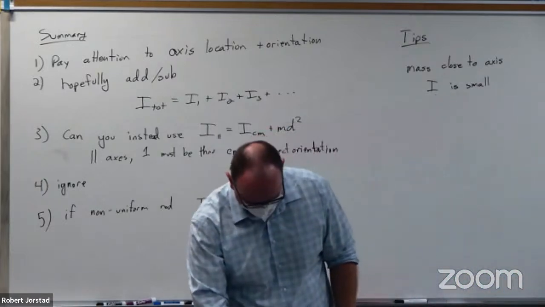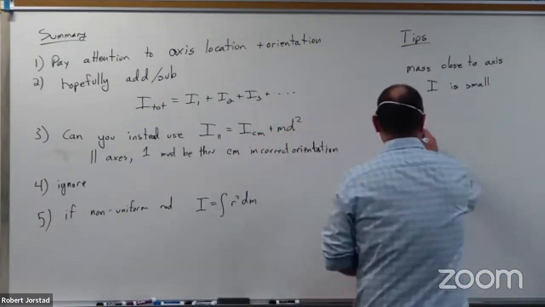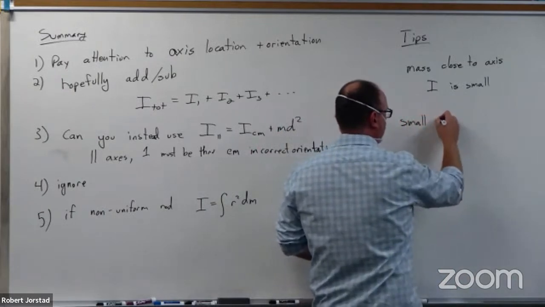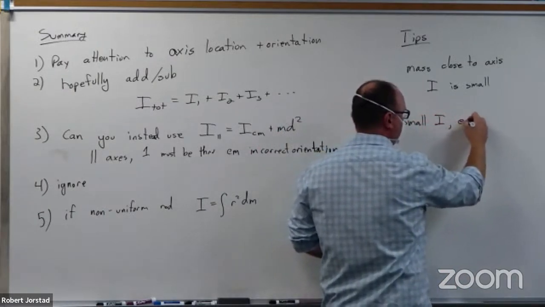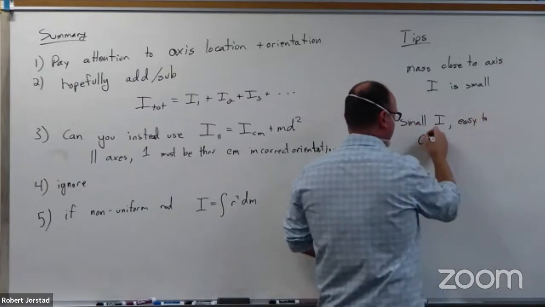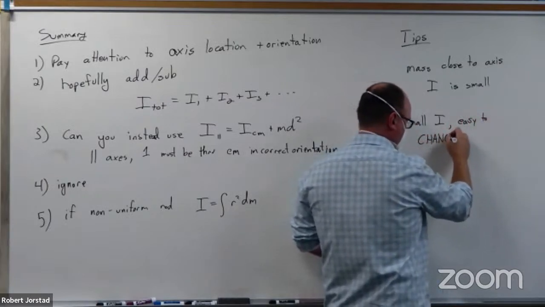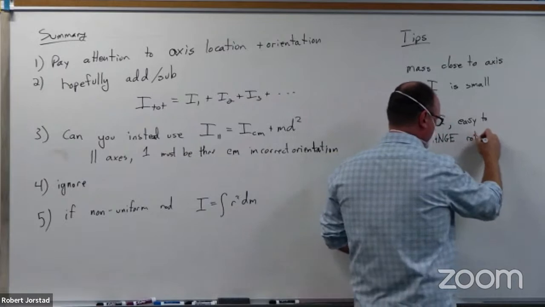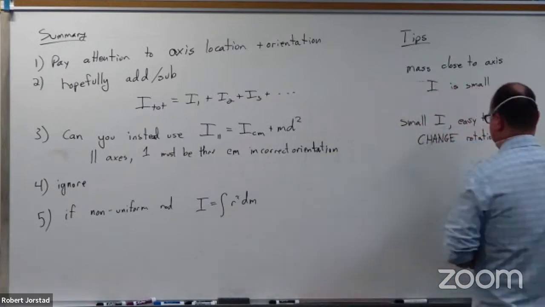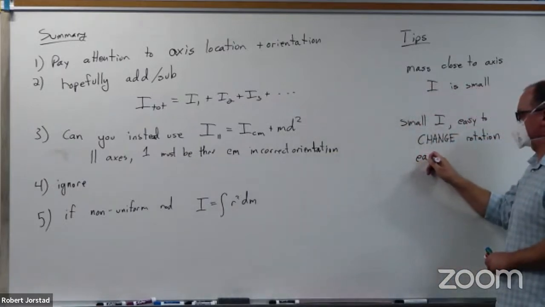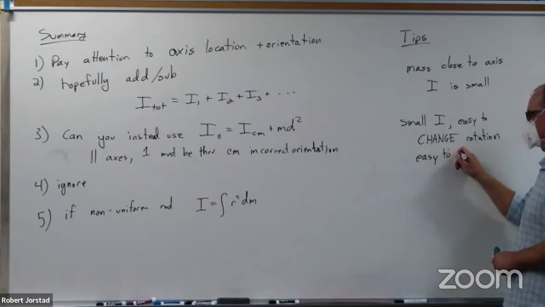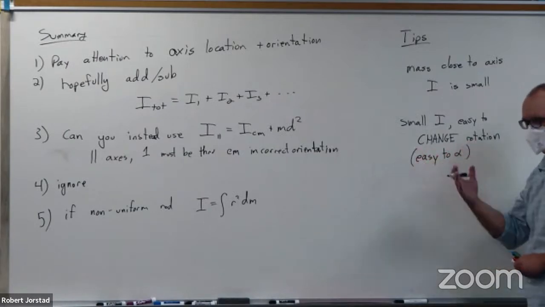Small I implies easy to change rotational state. You could say easy to alpha. Does that make sense?